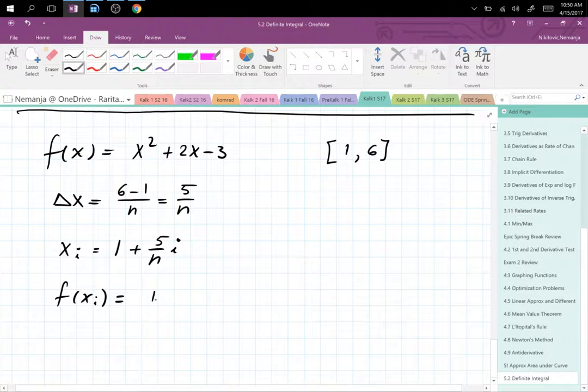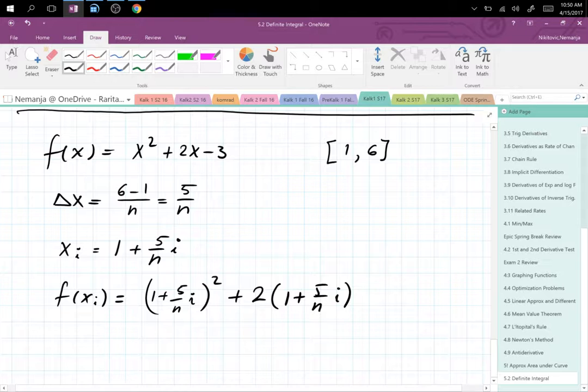So it becomes 1 plus 5 over n i, everything squared, plus 2 times 1 plus 5 over n i, minus 3. And this is the algebra that we actually have to work out to simplify as much as possible.